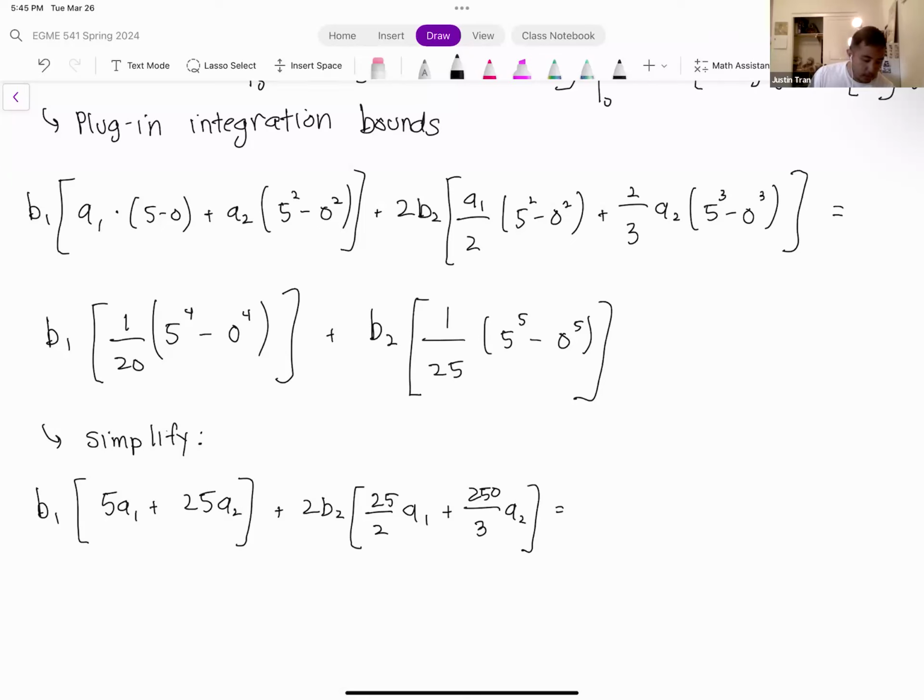This is equal to 5 to the fifth divided by 20. So there's a factor of 5 on both the top and the bottom, and so this is going to be 125 over 4 B1, plus 125 B2. Because 25 is just 5 squared, that's going to cancel out with 5 squared up top, and so that's just going to be 125, which is 5 cubed.